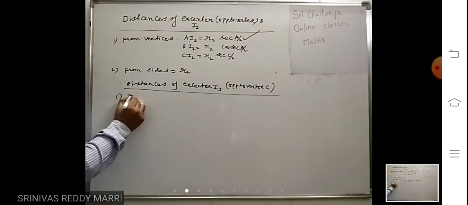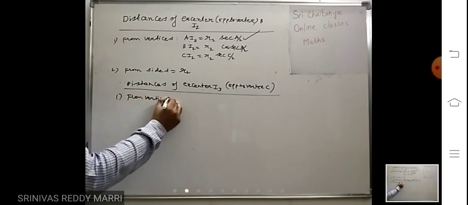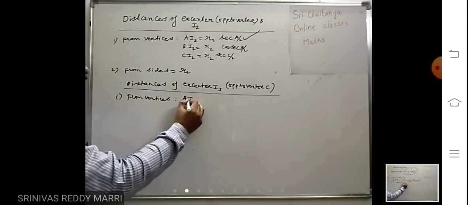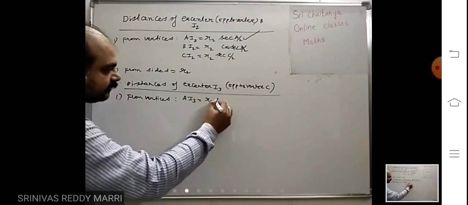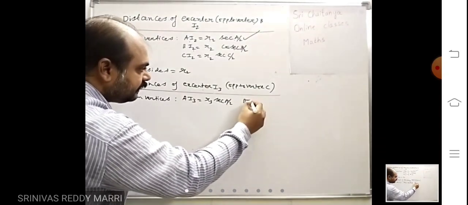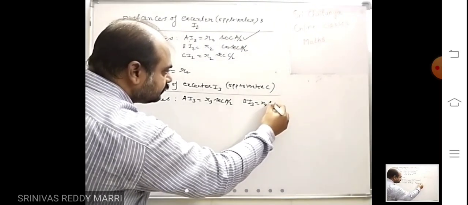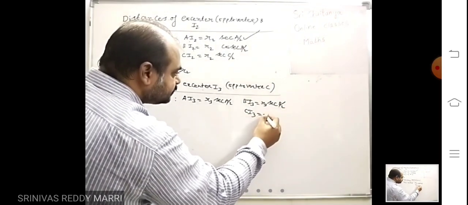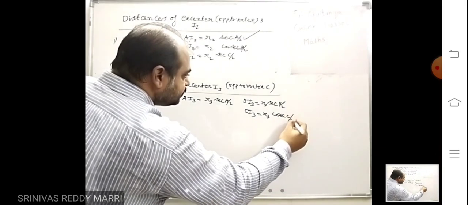So you will get the formulae from the vertices: AI3 is R3 secant A by 2, BI3 you will get also R3 secant B by 2, and CI3 you will get cosecant, R3 cosecant C by 2.